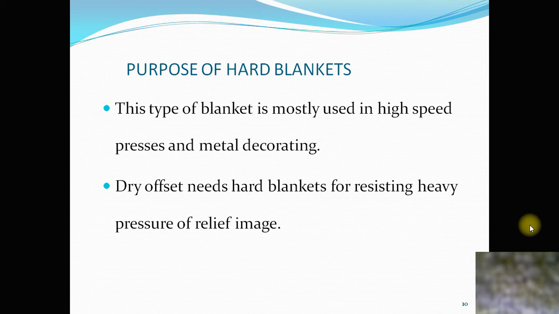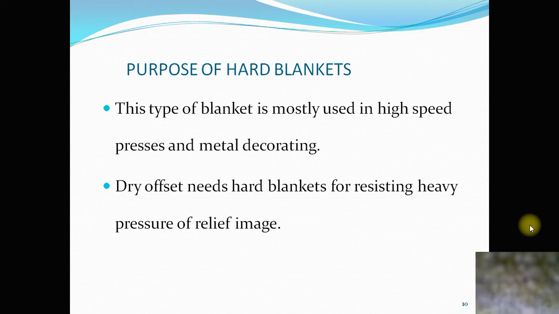But then there is no physical separation, and if you are not separating the image and non-image areas chemically, when we apply ink, the whole plate will receive the ink. You should not have that. That's why in dry offset we etch the non-image areas of the plate. Then the image areas are in relief position.